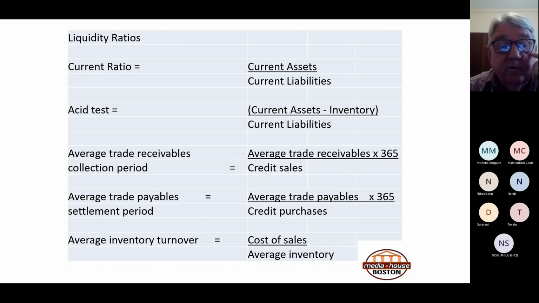So what you do is you use your cost of sales and you divide it by your average inventory. Again, average inventory is last year's inventory figure plus this year's figure divided by 2. Any questions on these? We're going to work through an example so that you can see what we mean and how we calculate these.